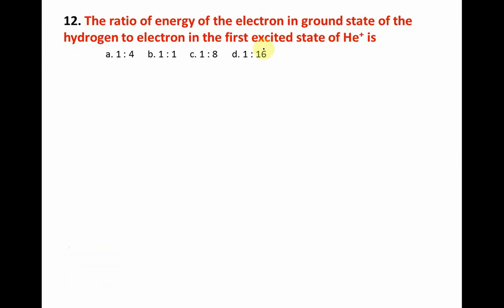So we know the energy is always equal to minus 13.6 into Z square by n square electron volt per atom. So we need to find the ratio of the energy of hydrogen in the ground state to the energy of helium in the first excited state.